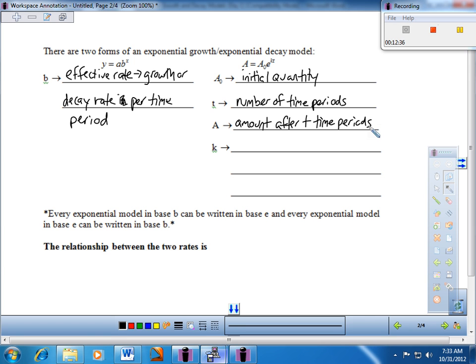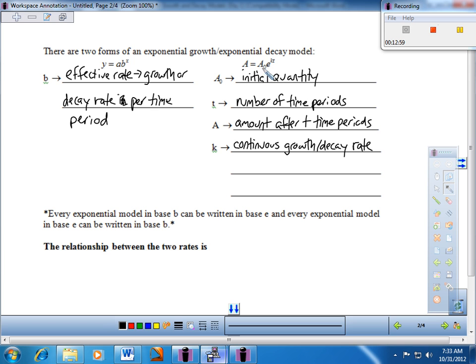And then that K, the best way to describe it is what is called the continuous growth and decay rate. Remember, we talked about this before. When we used base E, we talked about something being compounded continuously, and that's the measurement that goes with this piece. If you think about the compound interest formula, and by the way, this really is just that compound interest formula, this is just PERT, now applied to quantities outside of just money.